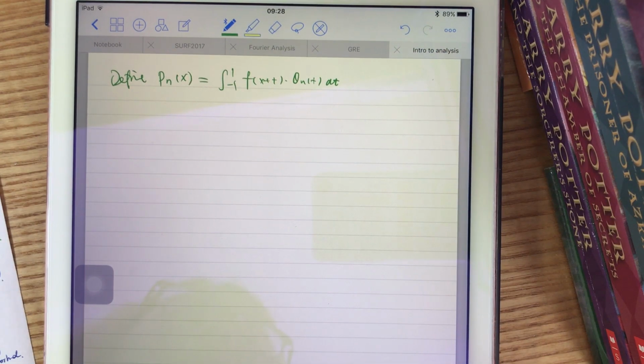When I first saw the proof of this theorem, I didn't understand. I didn't see why he did that, why people construct Pn this way. But after I saw the second proof, which I actually saw in the book talking about Fourier analysis, I understood.